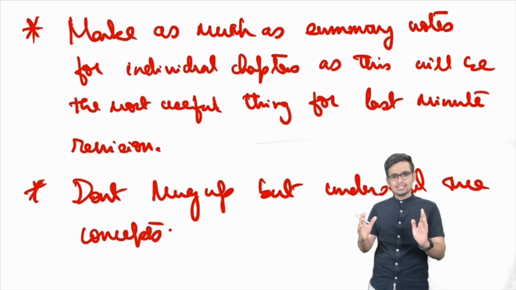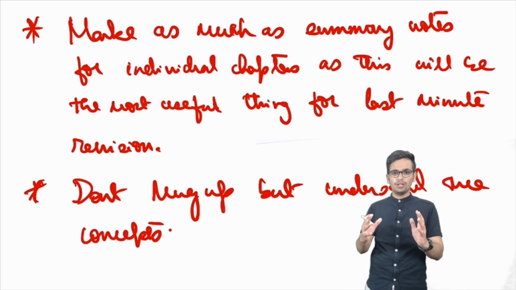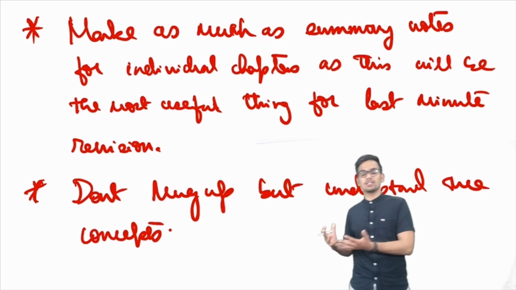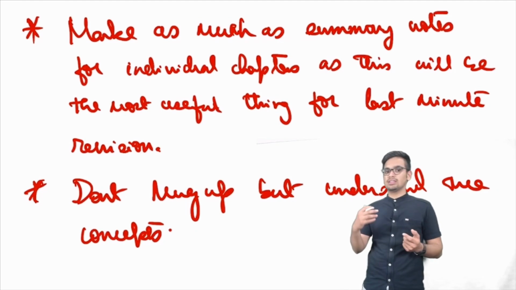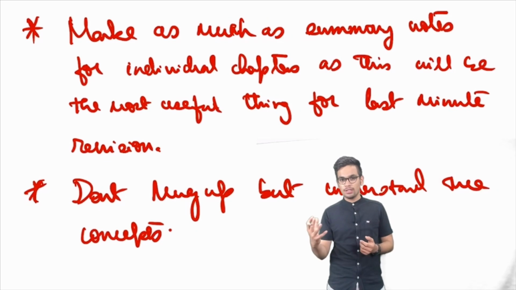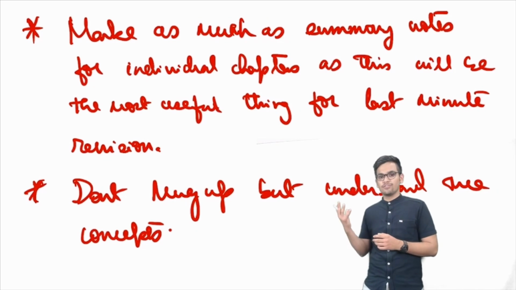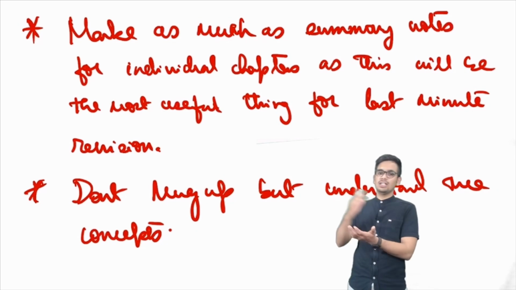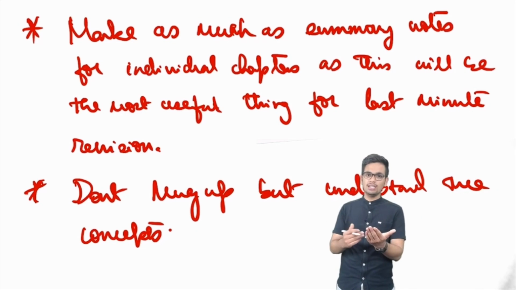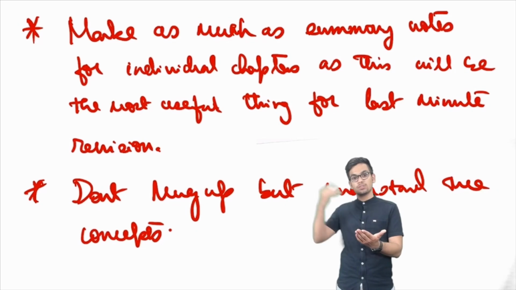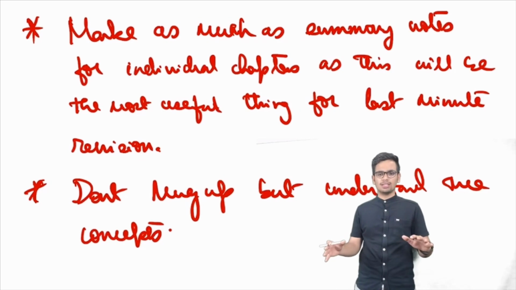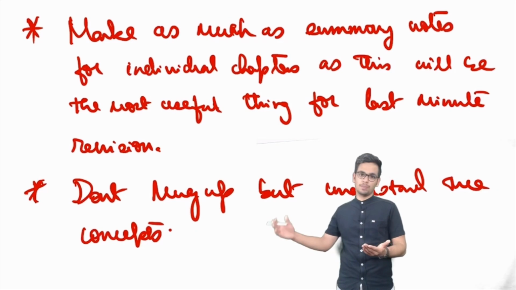In these 30 days, you give your full dedication to the chapter and understand the basic concept required for approaching the chapter or the sum. Don't mug up. The main thing is the concept. If you learn the concept, after 8 months also, if you see the question or the chapter, you can easily recollect everything from the summary notes made by you. But if you start mugging up, everything will vanish over the 8 months' long period.